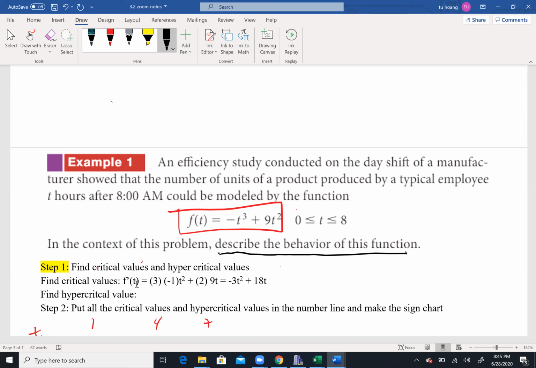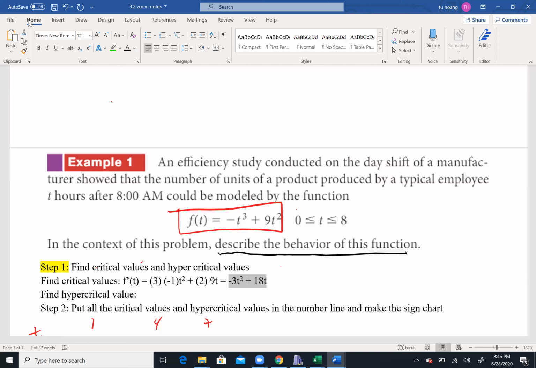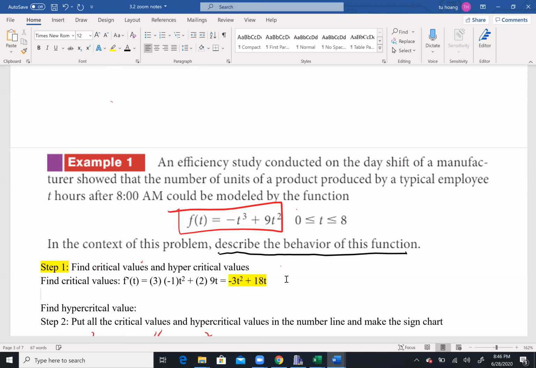So this is going to be the first derivative of t. And now, in order to find the critical value, I need to set f prime of t equal to 0, right?